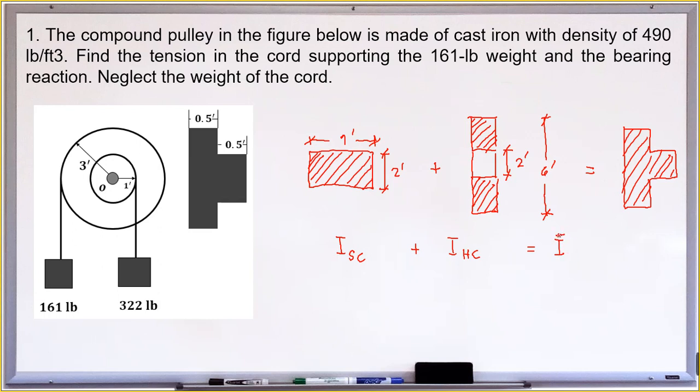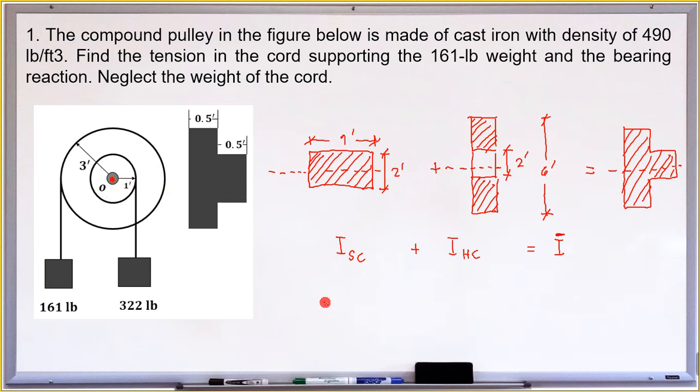The bar means centroidal mass moment of inertia. Now, for a solid cylinder, don't forget, the axis of rotation is at its geometric center, the centroid, at point O.